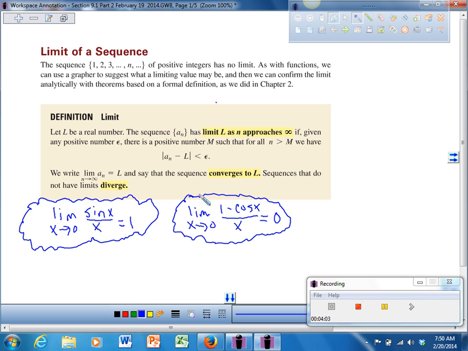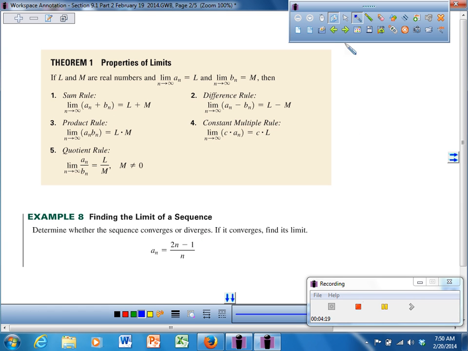Okay, so now let's try an example. Before we start our example, we need to remember our properties of limits. We've been using limits and derivatives and integrals, which are also versions of limits, all year. So if we are taking the limit of the sum, it is the same as the sum of the limits.